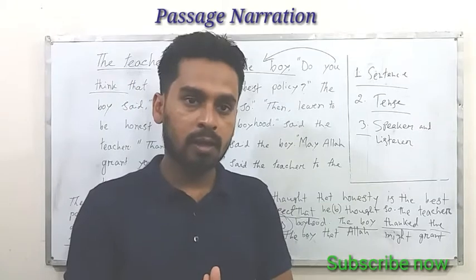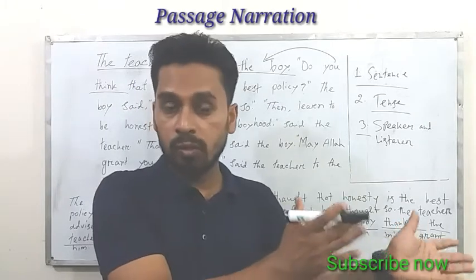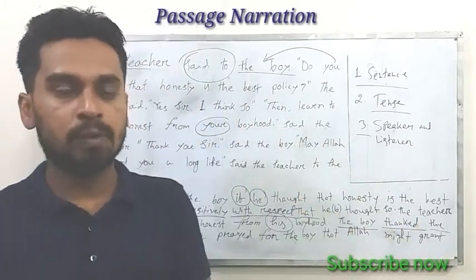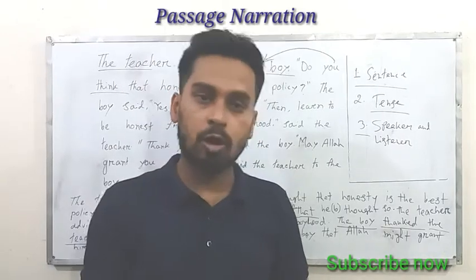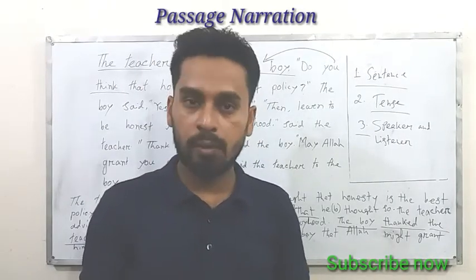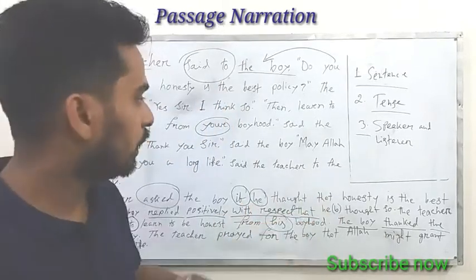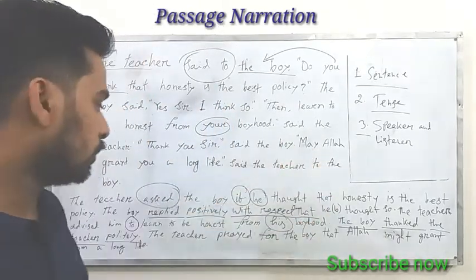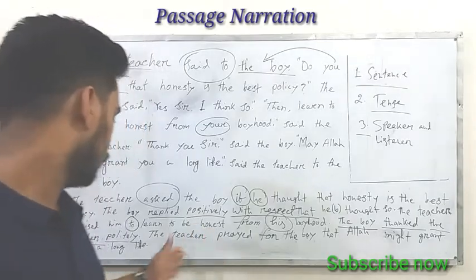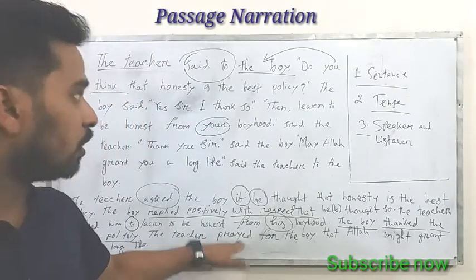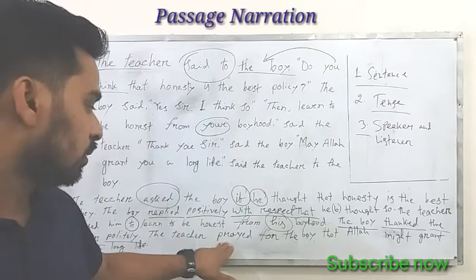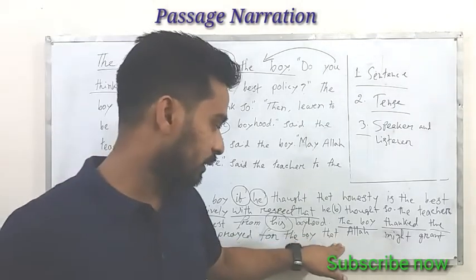Whenever there is Allah or God you have to use pray, but when there is no Allah or God you have to use wish. So here Allah is present, and that is why we have to use prayed. Okay, so the teacher prayed for the boy, that is the reporting verb, and that is a connector.